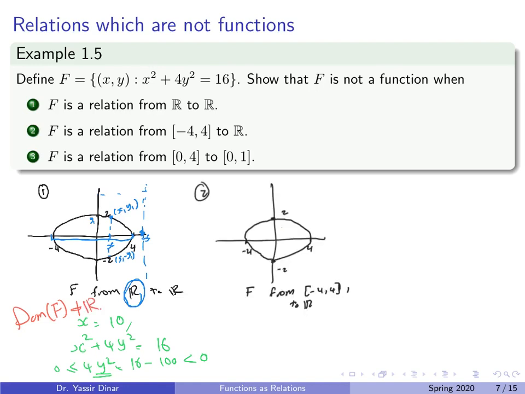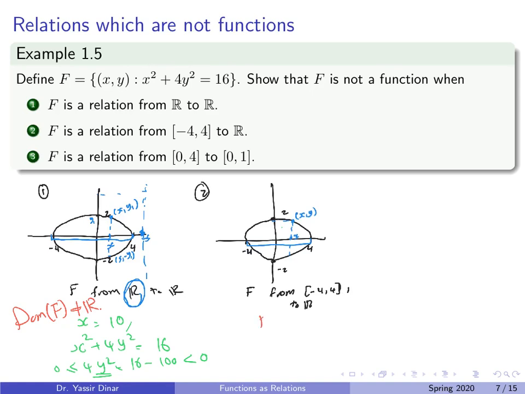Now for the second one, we are taking f as a function from the interval [-4, 4] to R. So for the graph of this function, we are looking at x only from this interval. And now for any x, we have something which is related to this x. If I take any x in this interval, I can find y such that (x, y) is on the graph of this relation.